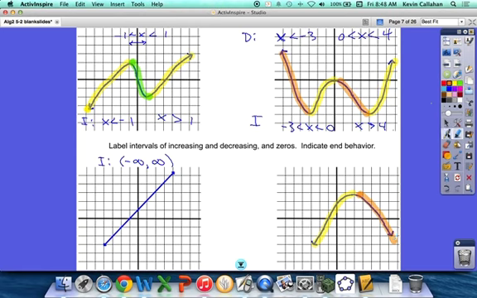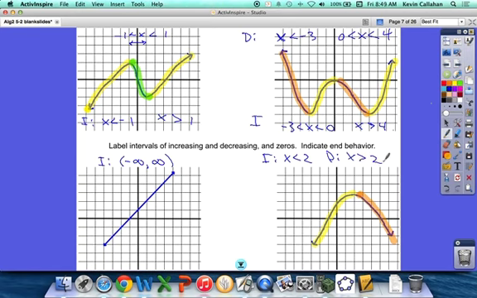So we would say this one is increasing. How would you describe these x values? X is less than 2. And the decreasing is x is greater than 2.